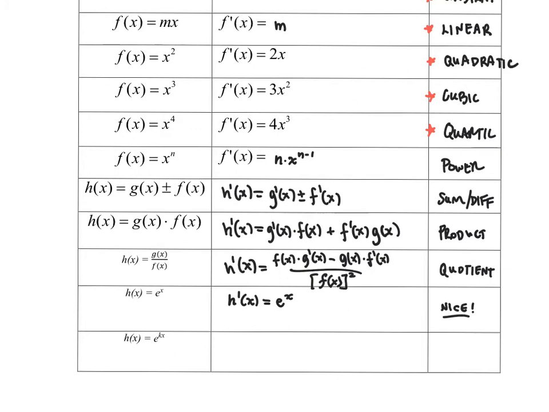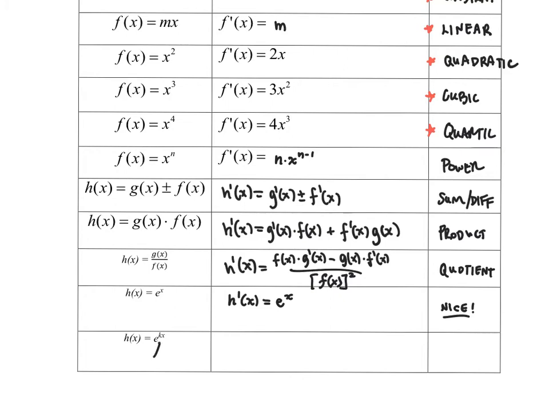Okay, so many times you might hear a teacher say low d high minus high d low over low squared. Okay, that's the quotient rule. You'll get plenty of practice with that, so that'll become second nature.